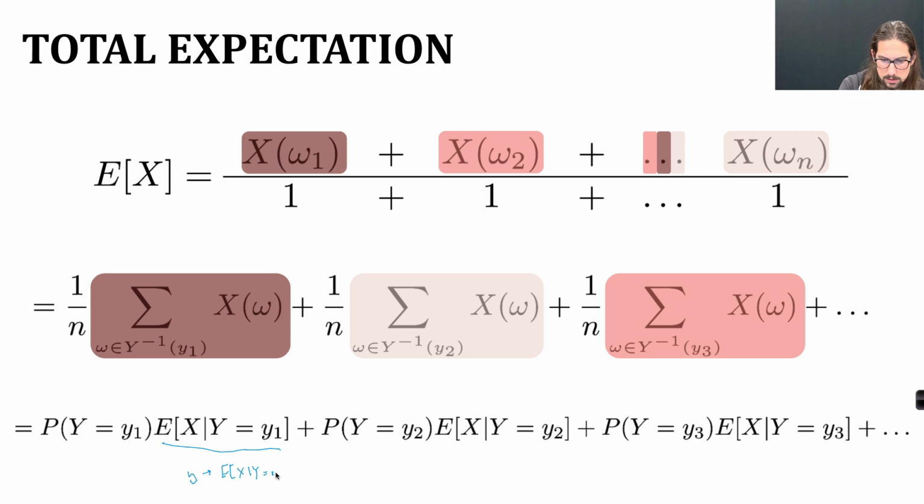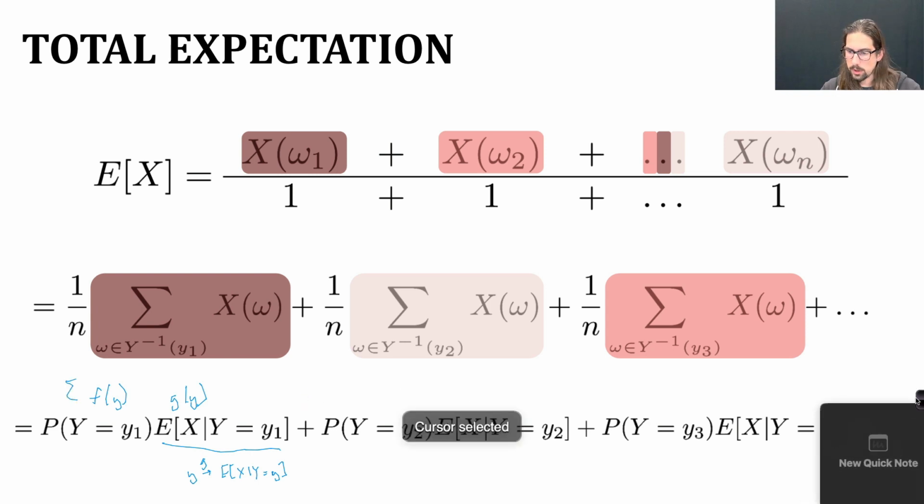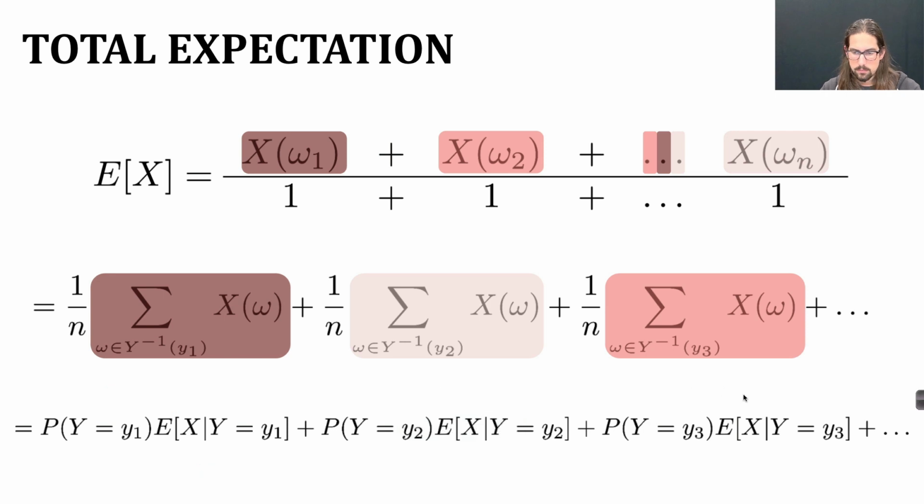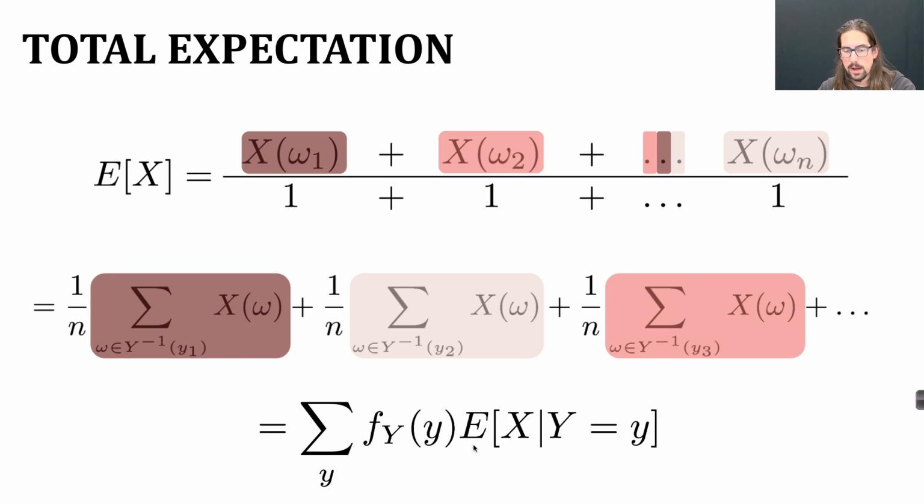So it's just like a mutation. This is like my g function. And so what we have here is, if this probability is like a density, probability of y, and then this thing is like a g of y, right? So we have this sum like that. That's what we're getting. So that's what I have here.